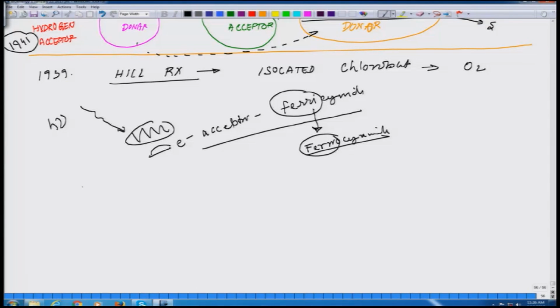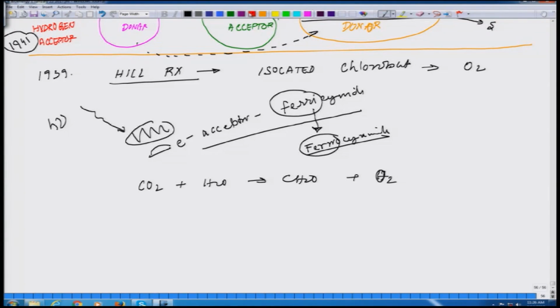He dissected photosynthesis by showing that oxygen evolution can occur without reduction of CO2. In other words, what is important here, CO2 plus H2O gives CH2O plus H2 plus oxygen.